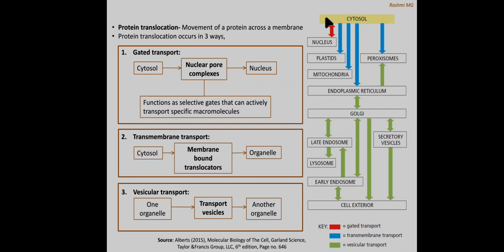Then the red one, cytosol to nucleus, what is the type? It is gated, where there is a gate through which the protein will be transported. Then the green one is vesicular transport, which majorly functions to transport the protein from one organelle to another organelle.